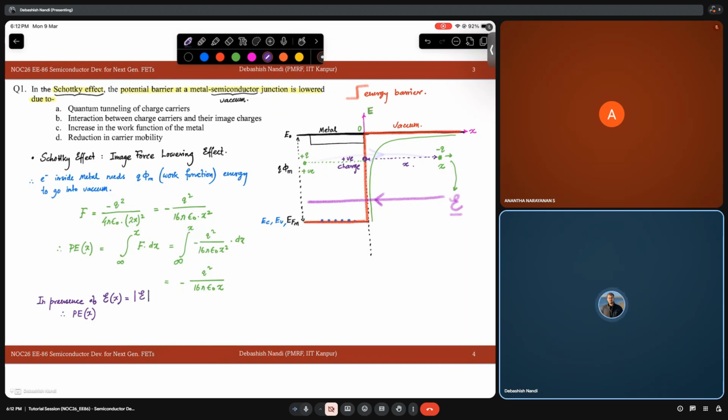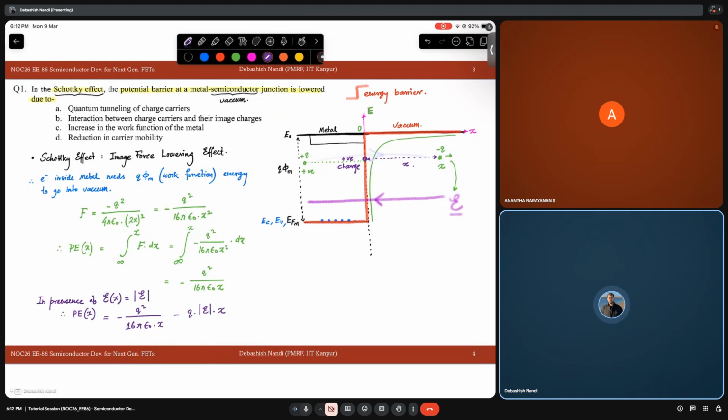This will simply add up to be minus q square over 16 pi epsilon 0 x, minus q times E times x.